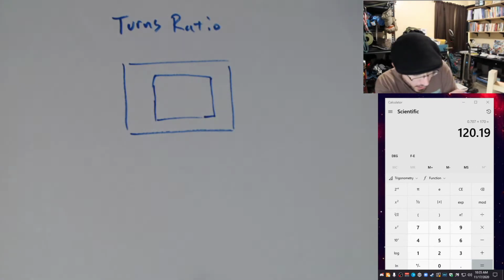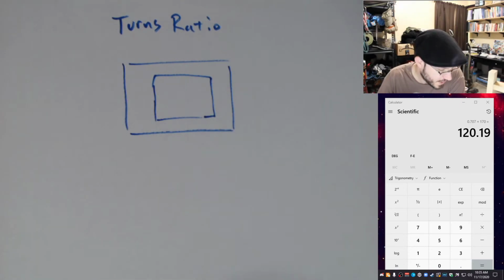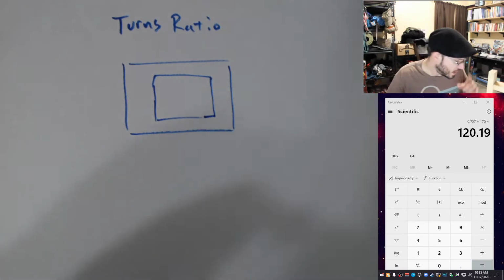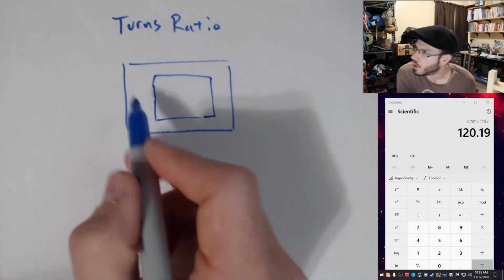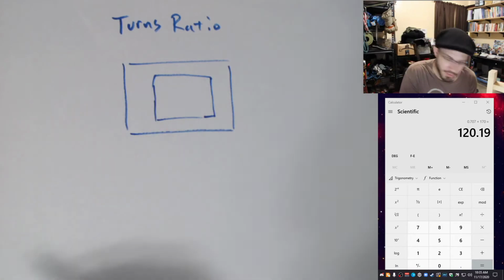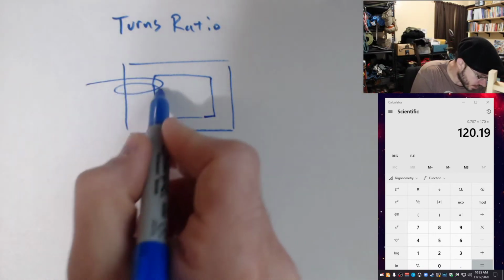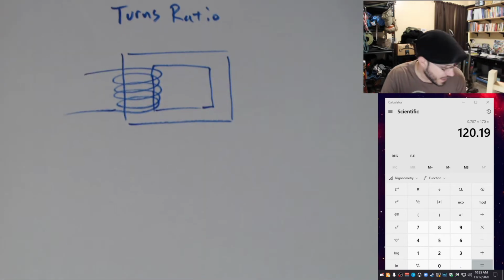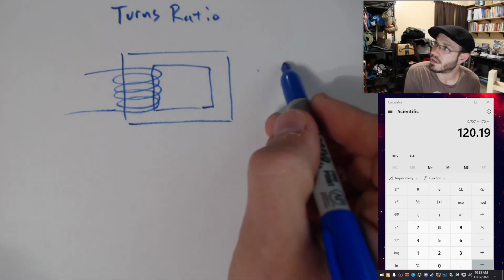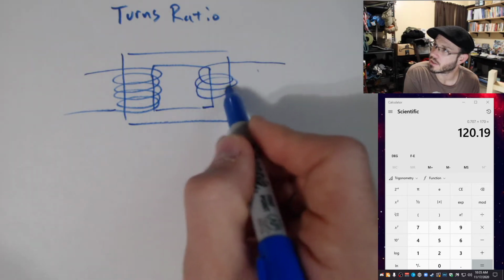And I'm going to use the physical representation of a transformer for this. Now, if we're making a coil, we have some number of turns of wire around this primary side. And similarly, on my secondary side, I'm also going to have a number of turns.